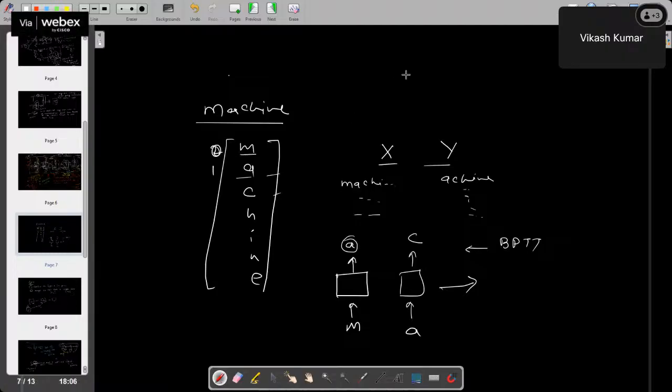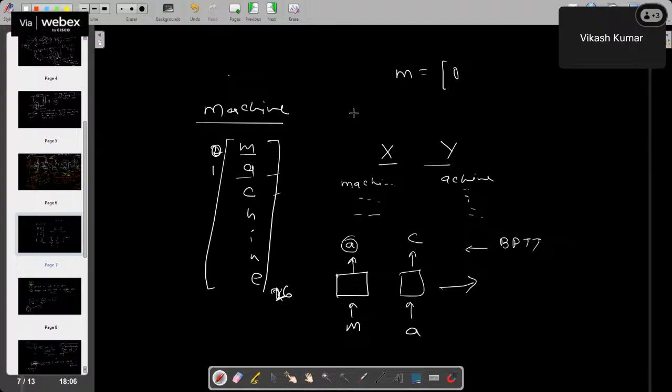So the one-hot encoding for M will be something like this: if I'm considering the whole alphabet as the unique characters, all the alphabets are present, so it will have 26 characters.